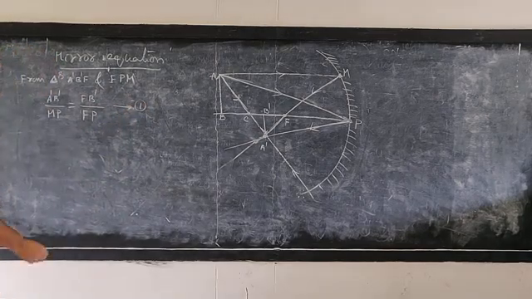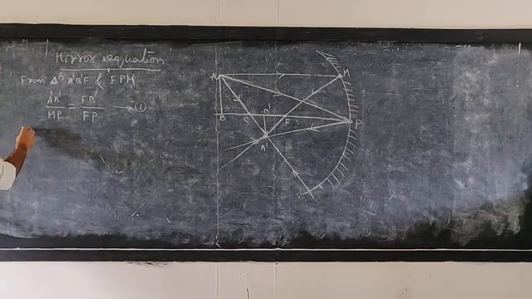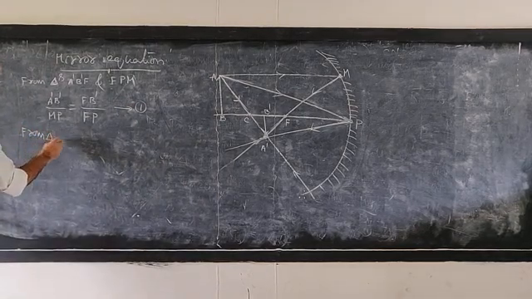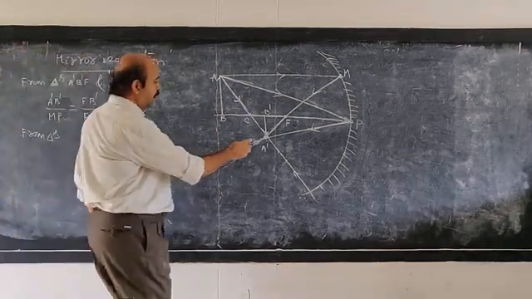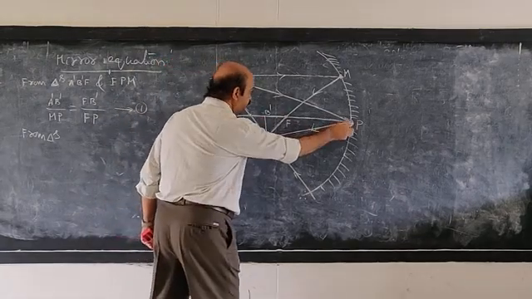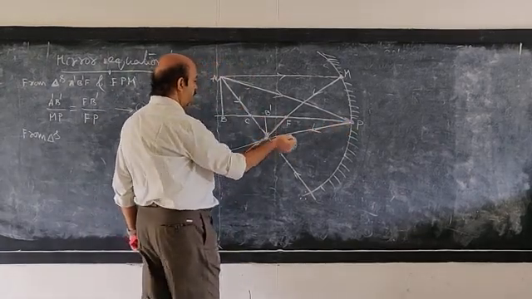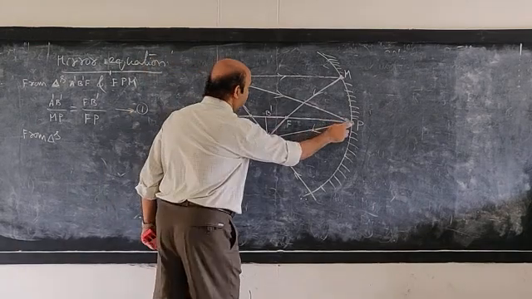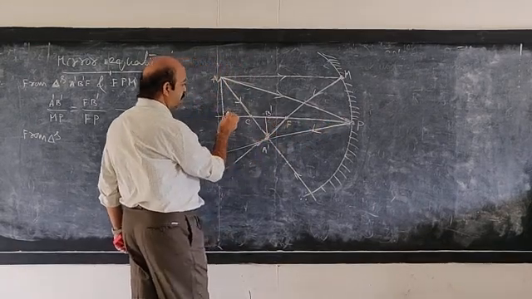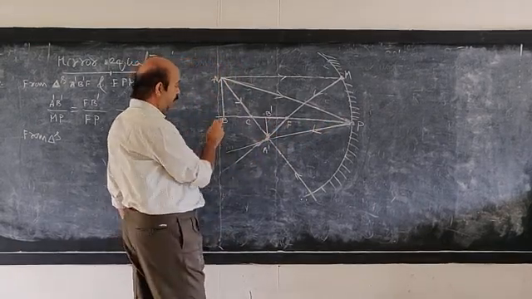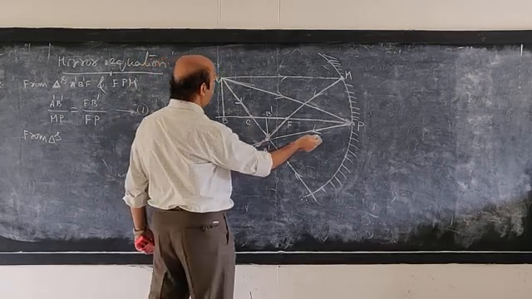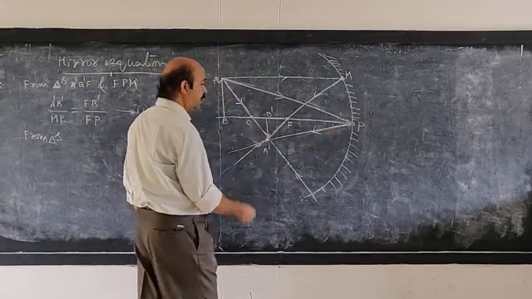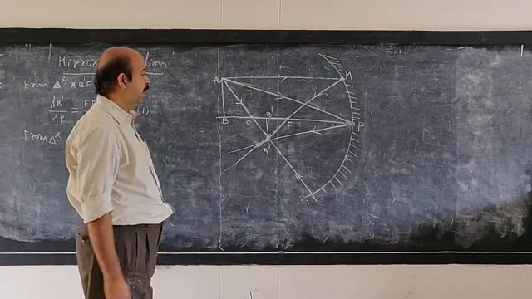And similarly, from triangles, let us take A dash, B dash, P and ABP. Here this is the same, perpendicular 90 degrees, and here this angle is equal. Therefore, the third angle must be the same.